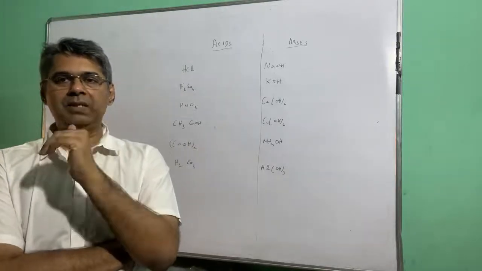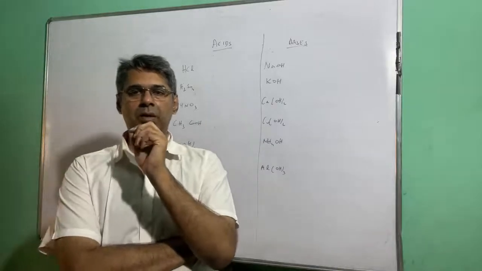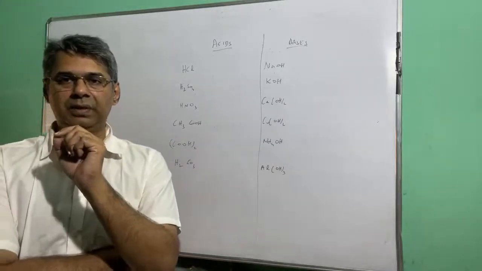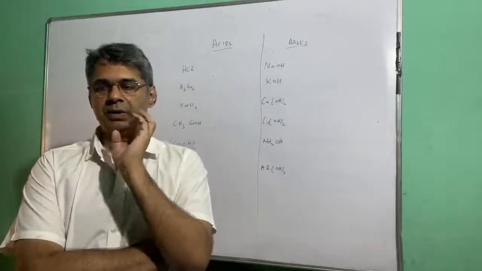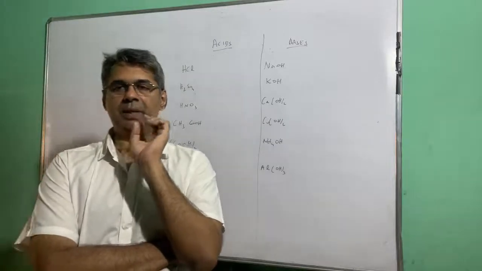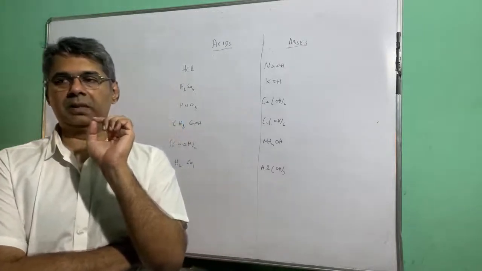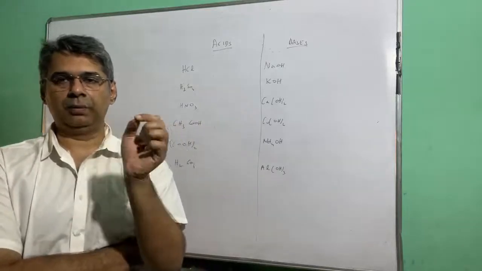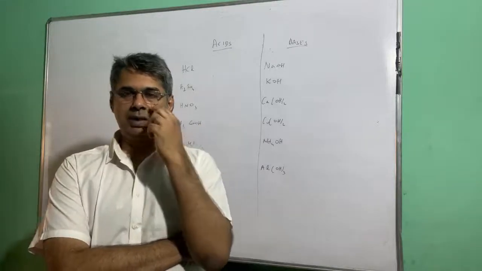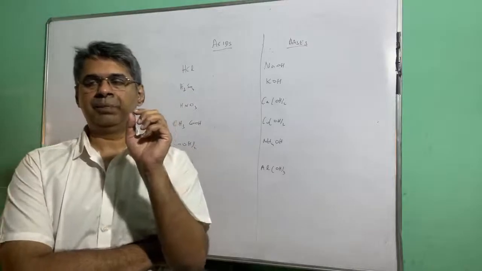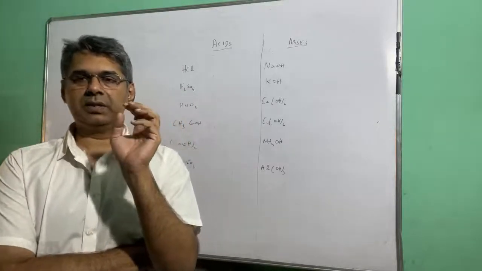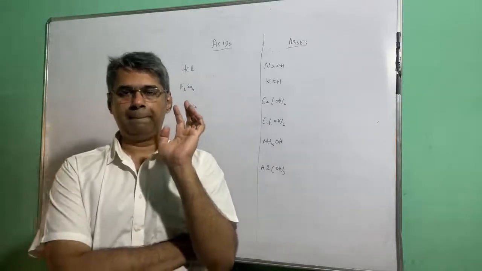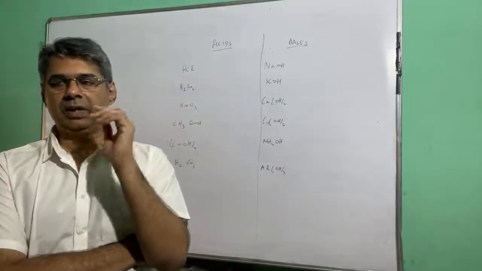So in today's session we will concentrate on the most basic definition of acid and the most basic definition of base. The most basic definition of an acid is that if you put that substance in aqueous solution, then it will release hydrogen ions.